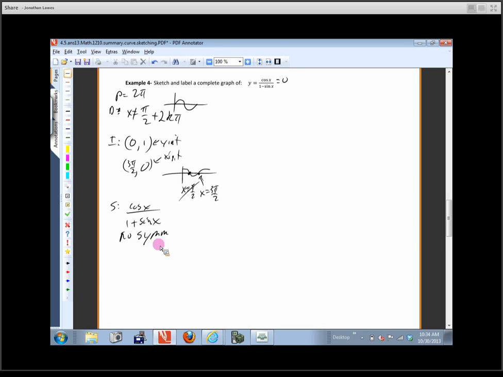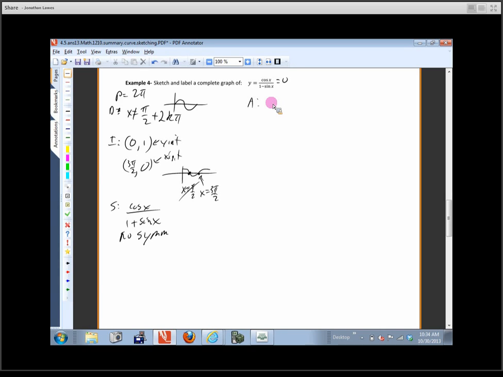So we're going to graph a cycle from 0 to 2 pi, and then we just have to rely on the fact that it repeats. Okay. Next up are asymptotes. So let's think about those for a second. The asymptotes are going to be end behavior and vertical asymptotes.